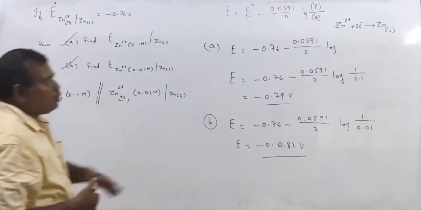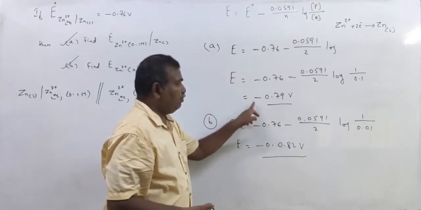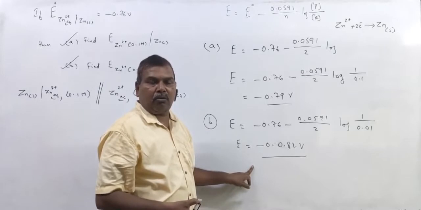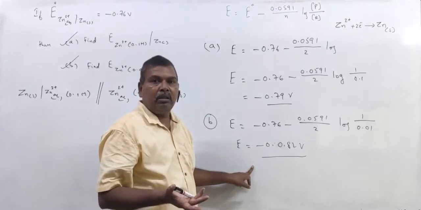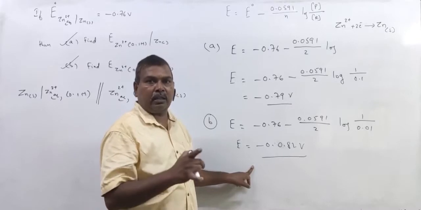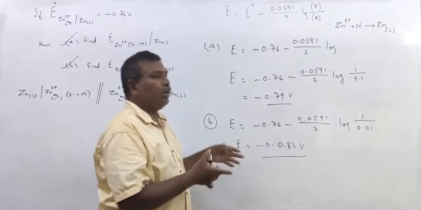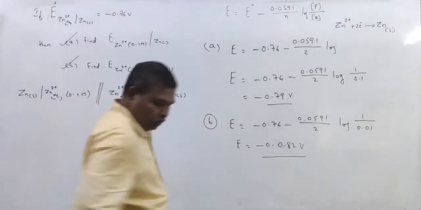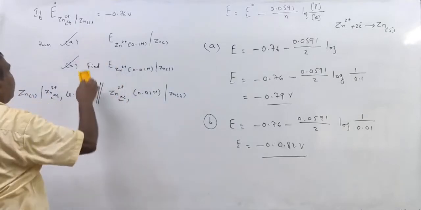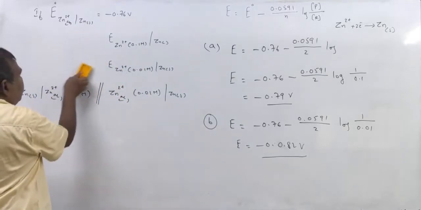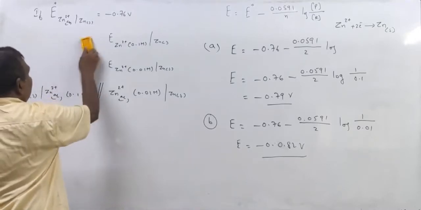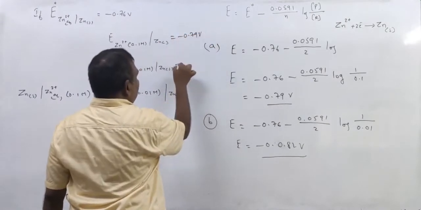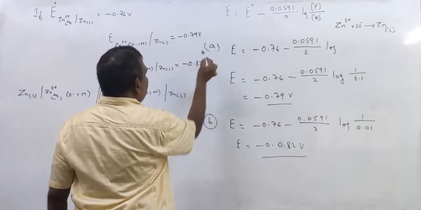Because these two electrodes differ in their electrode potential values, if they are used for constructing an electrochemical cell, then the cell produces electrical energy. So here this is minus 0.79 volts, this is minus 0.82 volts.